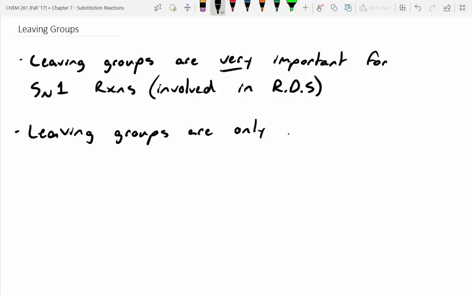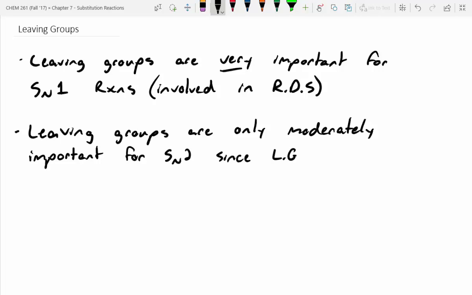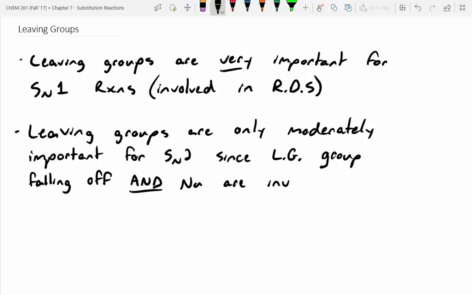Leaving groups are only moderately important for SN2, since the leaving group falling off and the nucleophile are involved in the rate determining step.